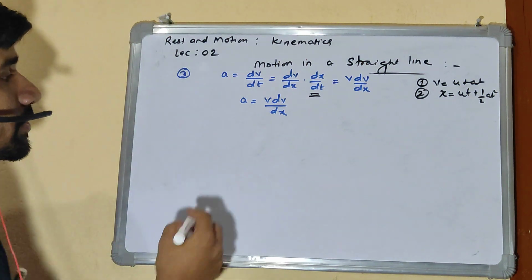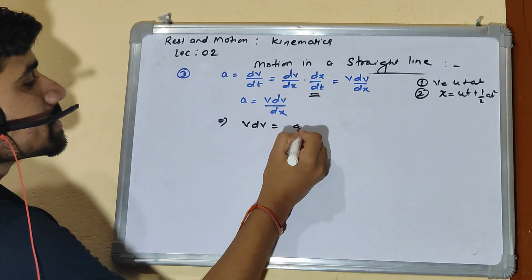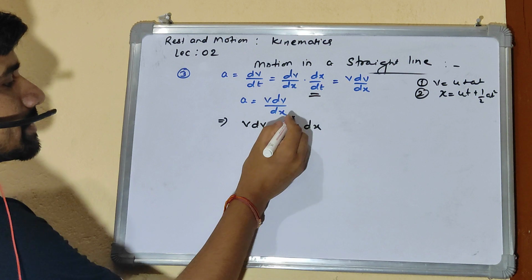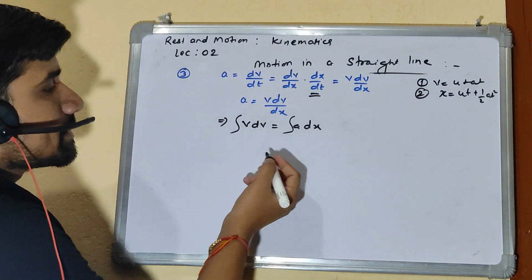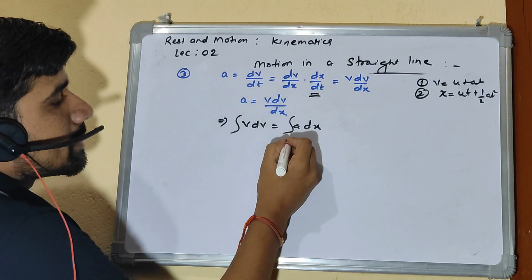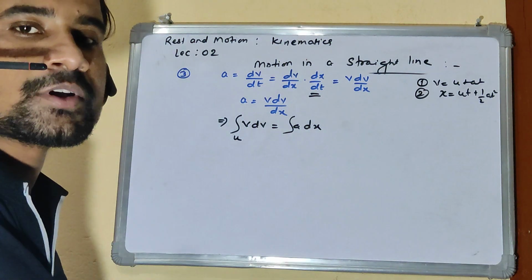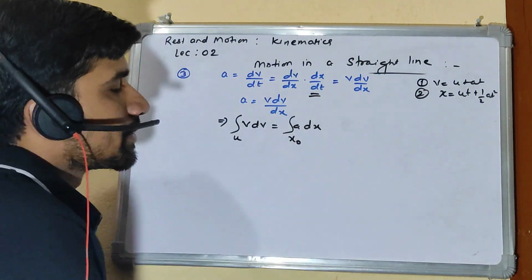Now if I need to calculate velocity, can I put it like this? V dv equal to a dx, right? Let's integrate here also. Let's say that at time equal to 0, my initial velocity is u and my position is x naught again.